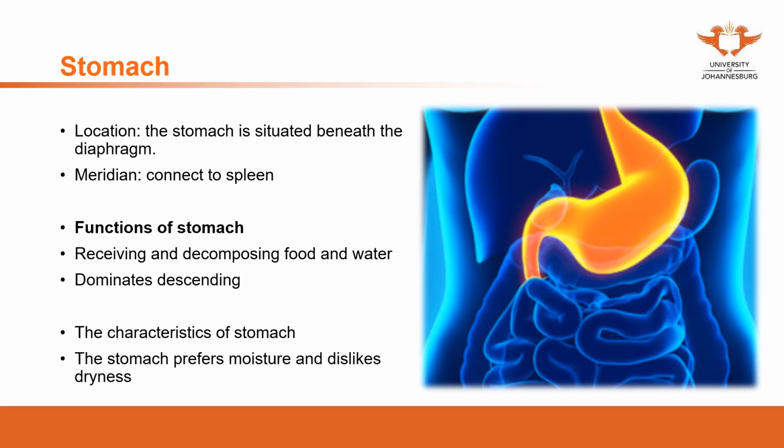Because the stomach has this kind of preference, in our treatments we need to be careful that if we use something to clear the dampness, we should not clear too much. You need to think about the characteristic of the stomach. We need to find a balance between the stomach and the spleen. So these are the functions and characteristics of the stomach.